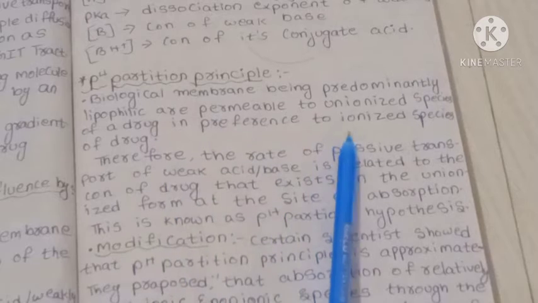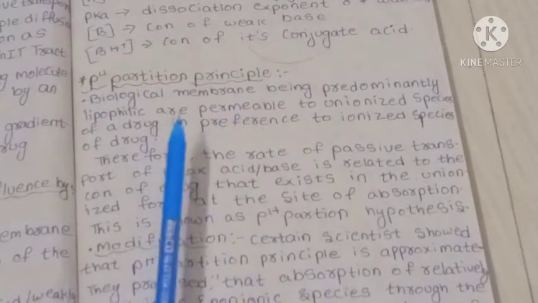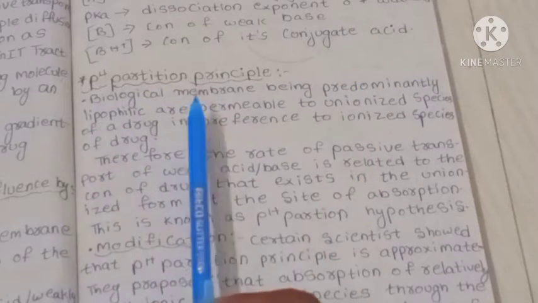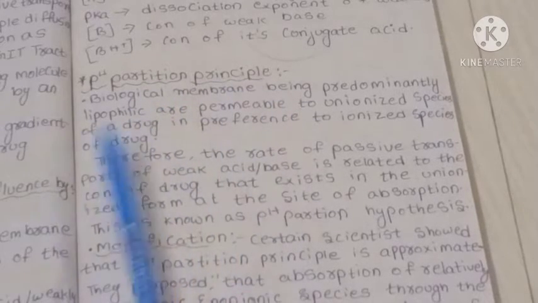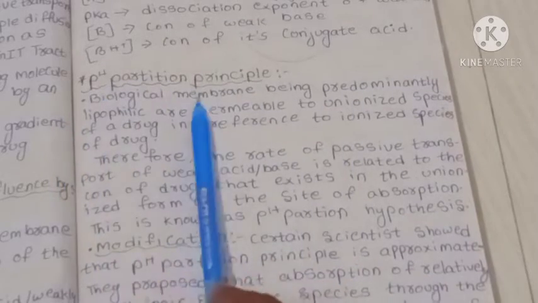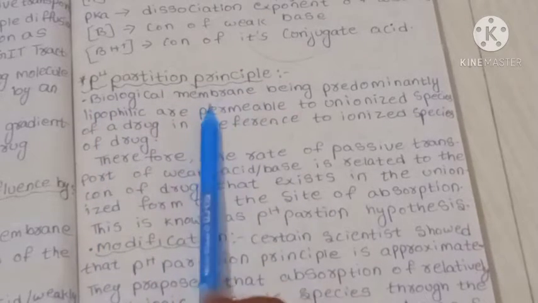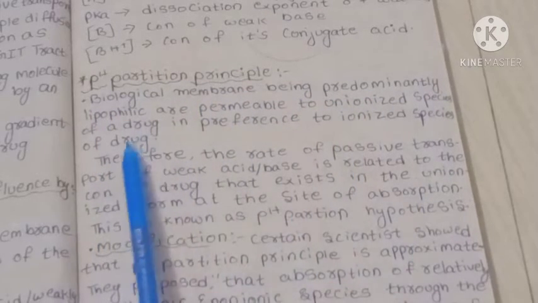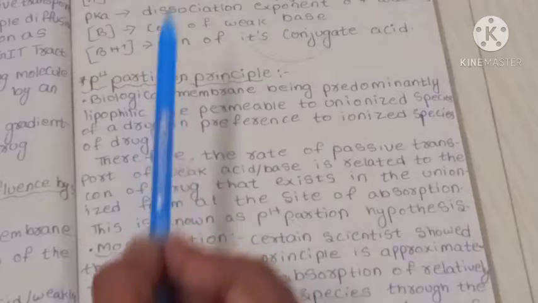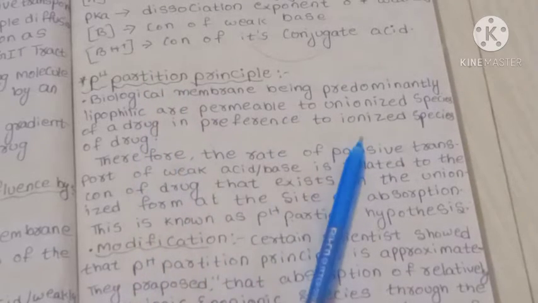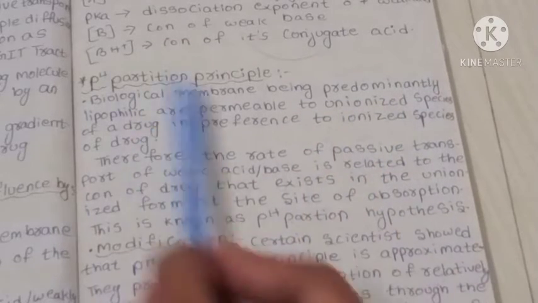If the drug is in unionized form, then it is easily permeable through the biological membrane, compared with the ionized species of the drug.